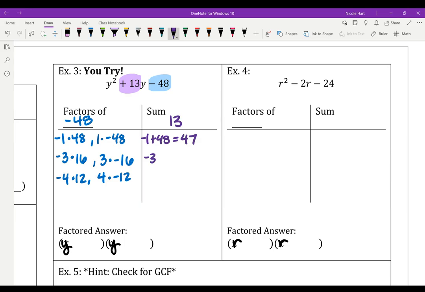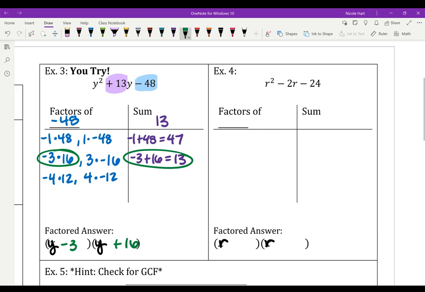So 13, negative 3 and 16. Oh, there we go. We have 13. So negative 3 and 16 works. So y minus 3 and y plus 16 is our factored binomials.